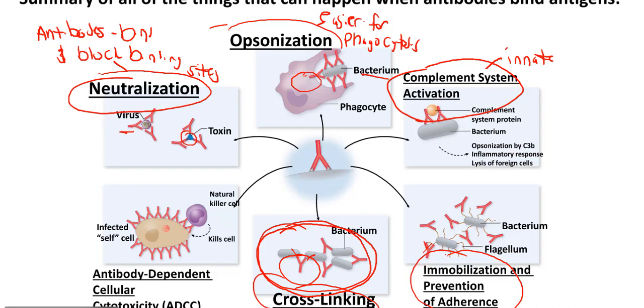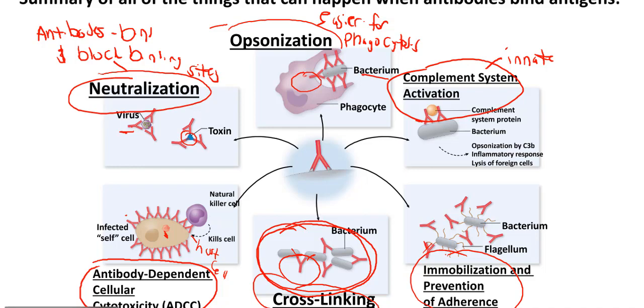The last thing that could happen is antibody-dependent cellular cytotoxicity. This is abbreviated ADCC. What happens here is, let's say you have a cell, a human cell here, okay, so this is a host cell, but it's been infected with a virus or a bacteria here on the inside.